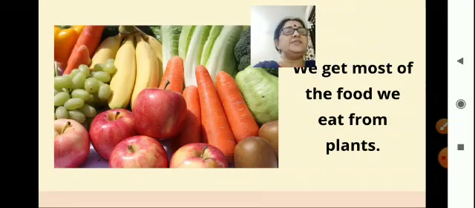We get most of the food we eat from plants. The food we eat, we get from plants, like all vegetables and fruits. So, plants give us vegetables and fruits.